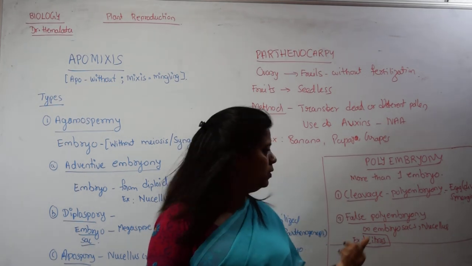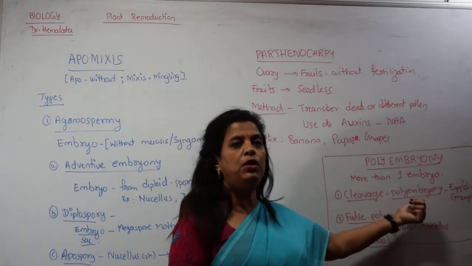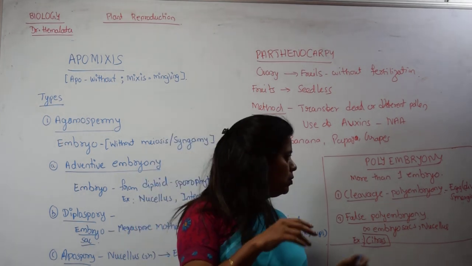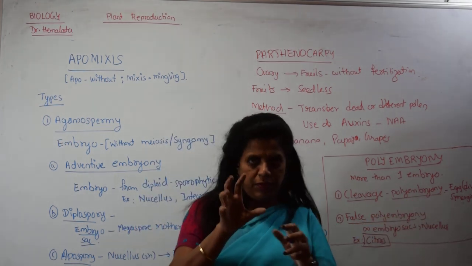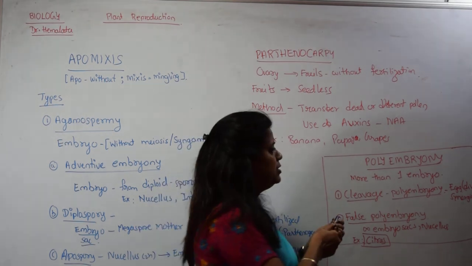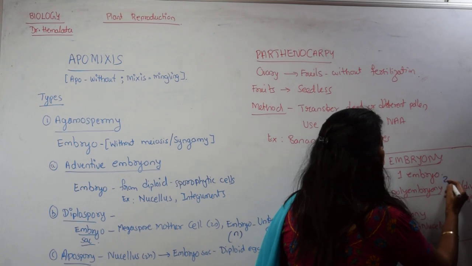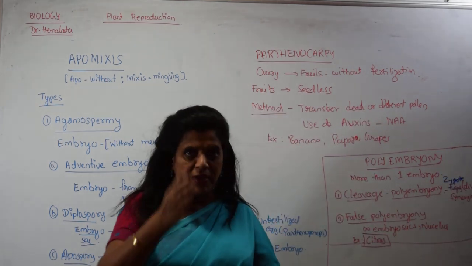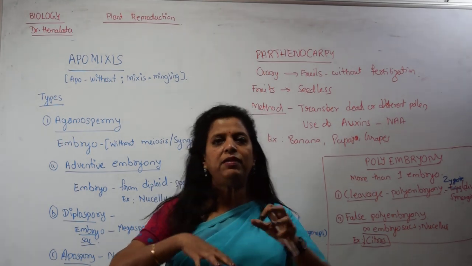How are they formed? First is called cleavage polyembryony. Cleavage means the egg is there, no? Fertilization happens and the zygote is formed. Once the zygote begins to develop, it will undergo cleavage, first cleavage, second cleavage, divisions happen.